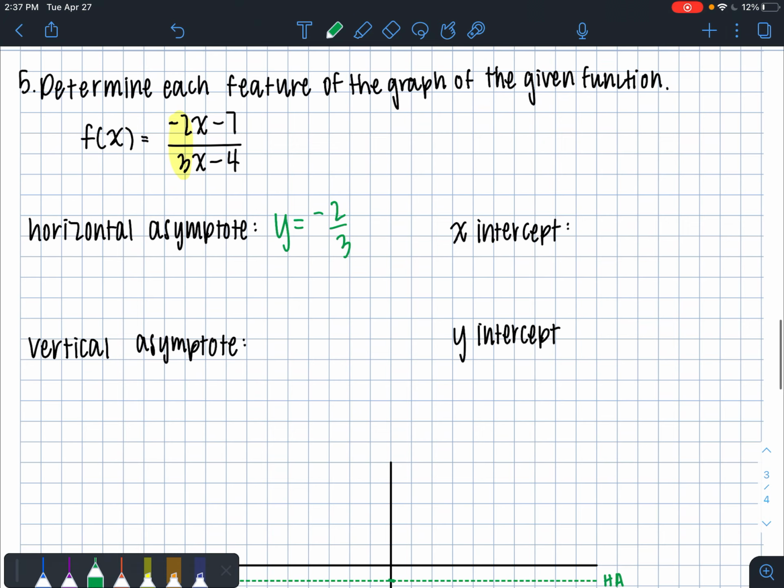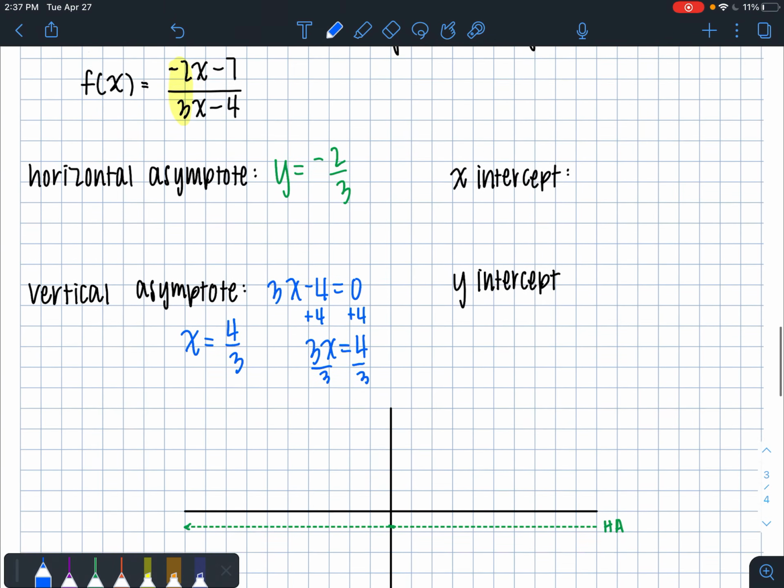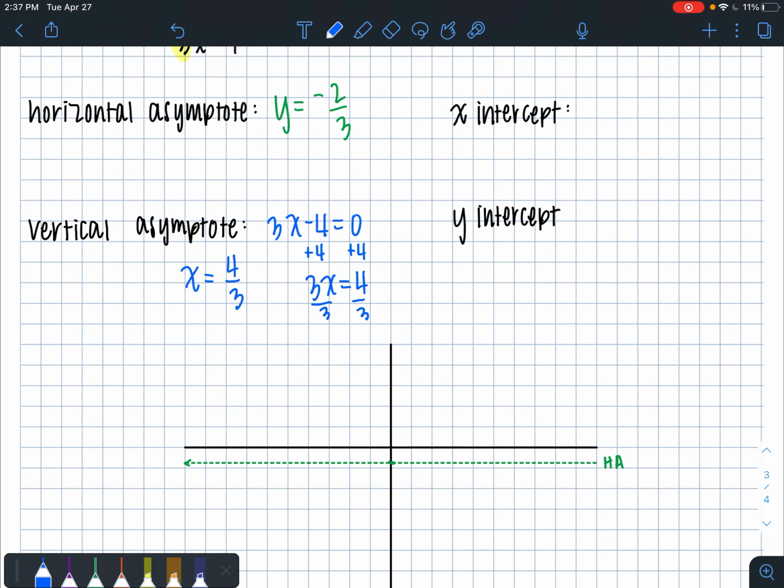All right, my vertical asymptote, I'll set the denominator equal to 0 and solve. Add 4, 3x equals 4, divide by 3, x equals 4 over 3 for the vertical asymptote. So I'm going to graph that line. 4 over 3 is about right here.